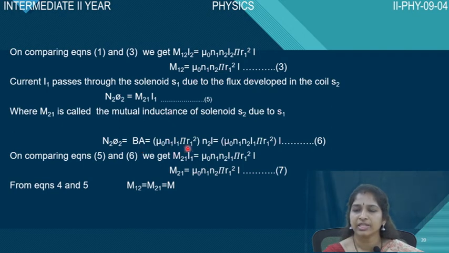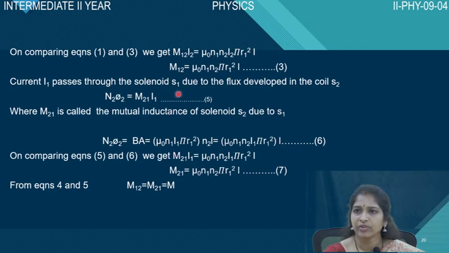Area of cross section I am taking as pi R1 square, because solenoid S1 is inserted in solenoid S2, so the radii are almost equal. In general we can write pi R square also. The same thing, pi R1 square, and capital N2 is small n2 into L. On multiplying this, we get N2 phi2 equals mu naught N1 N2 I1 pi R1 square L.